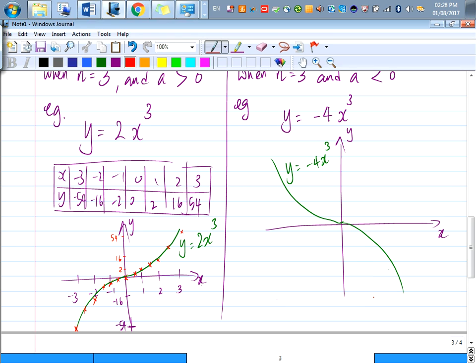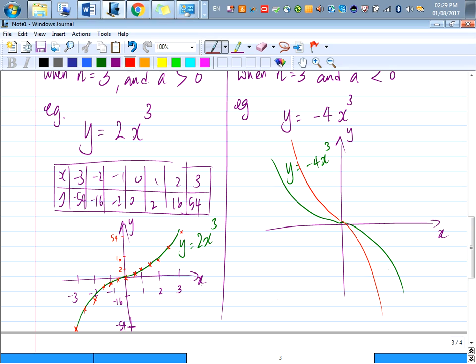Okay, the final example that I'm going to show you that is wrong looks like this. What's wrong with this red one? I'm just going to give you a bit of extra information about the gradient of a curve.